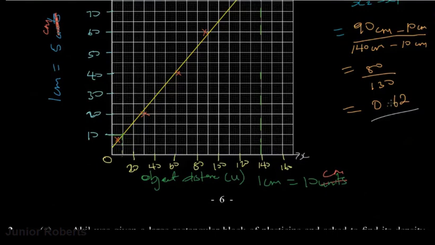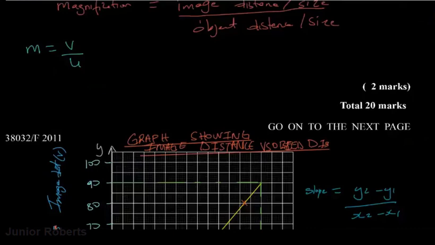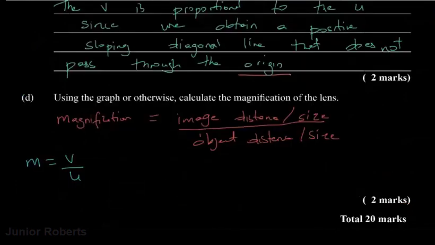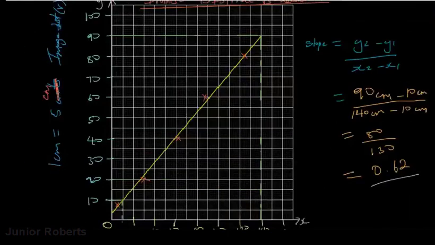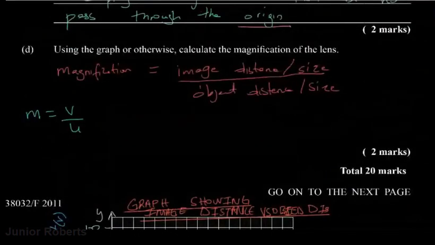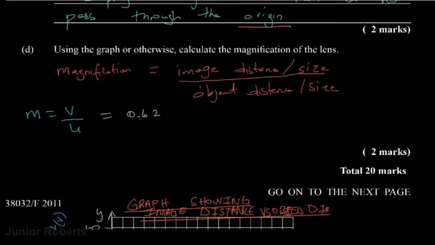And we saw that in our table, with our image distance and our object distance. So we get a value of 0.62 when we find our gradient, and that actually represents our magnification. The magnification of our lens is 0.62.